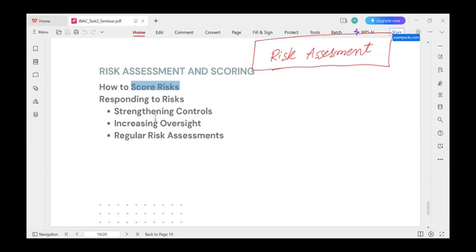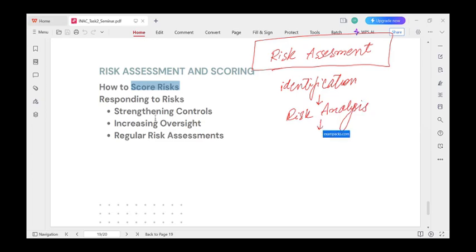So risk assessment starts with identification of risk. You identify the potential risks, and you do risk analysis. Risk analysis is when you are assigning likelihood and probability to the risks.